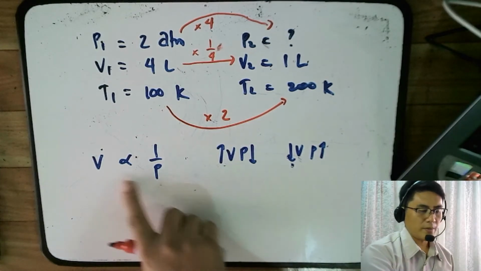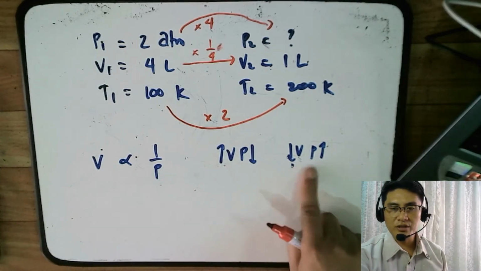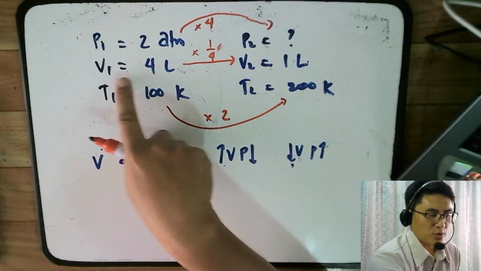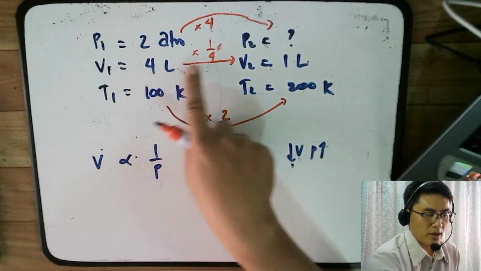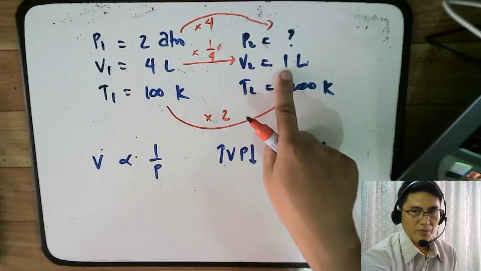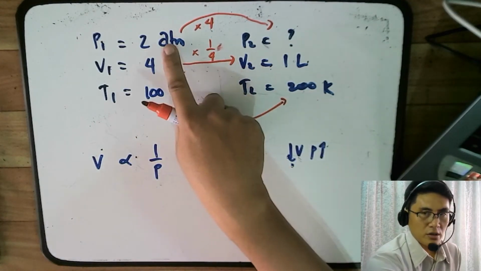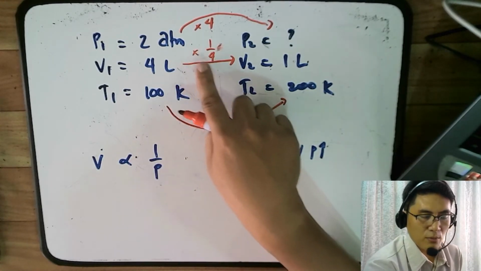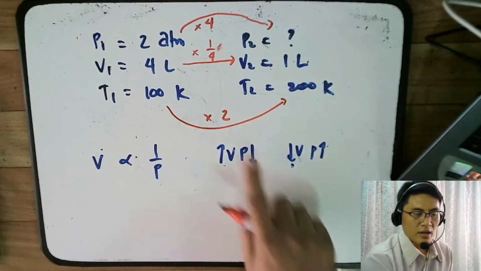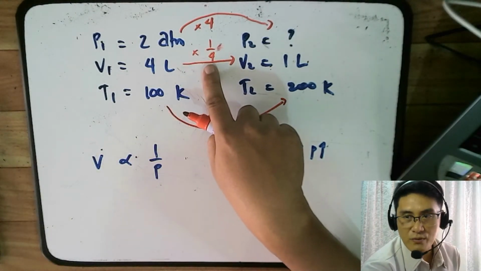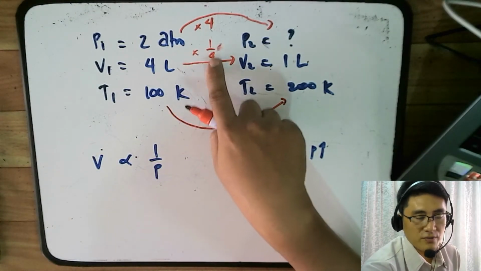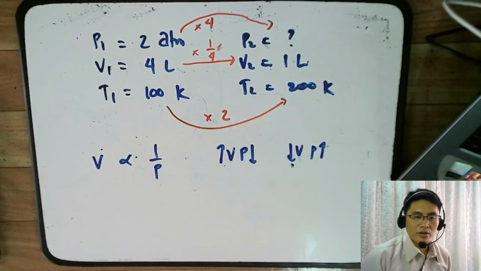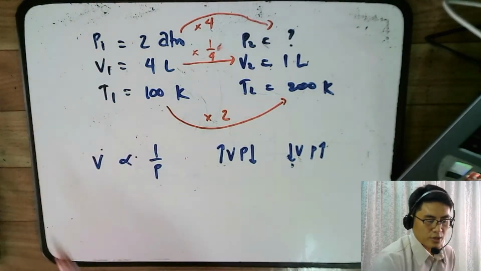You know that volume and pressure are inversely proportional to each other according to Boyle's law. So when the volume changes from 4 liters, multiplied by 1/4 to get to 1 liter, the pressure will change, but instead of being multiplied by 1/4, since they are inverse, it will be multiplied by the inverse of 1/4, and the inverse of 1/4 is 4/1 or 4. Okay? So that's the effect of volume on the pressure.